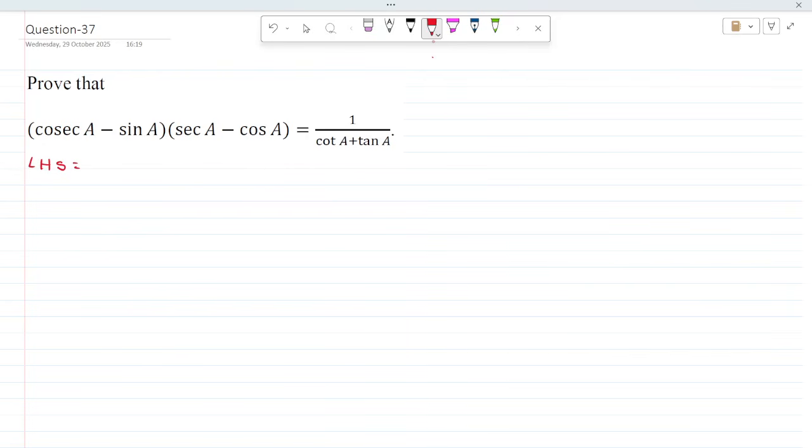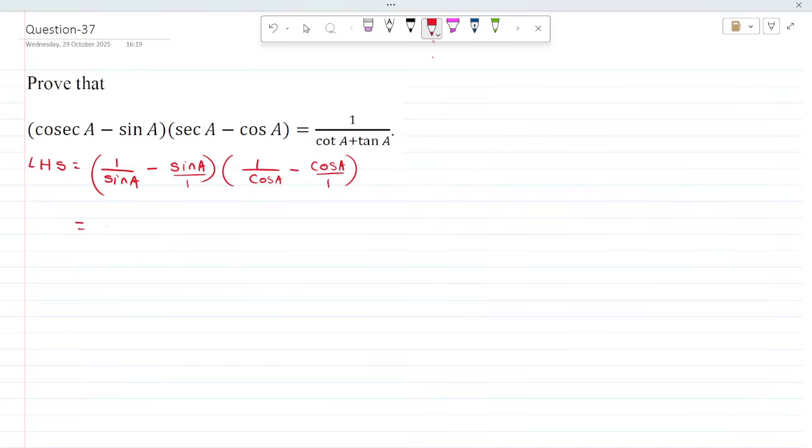What will we do in this kind of question? We will change all terms into sin and cos. Cosecant can be written as 1 by sin A minus sin A. Don't disturb the sin terms and cos terms. This will be 1 by cos A minus cos A. Right below, 1.